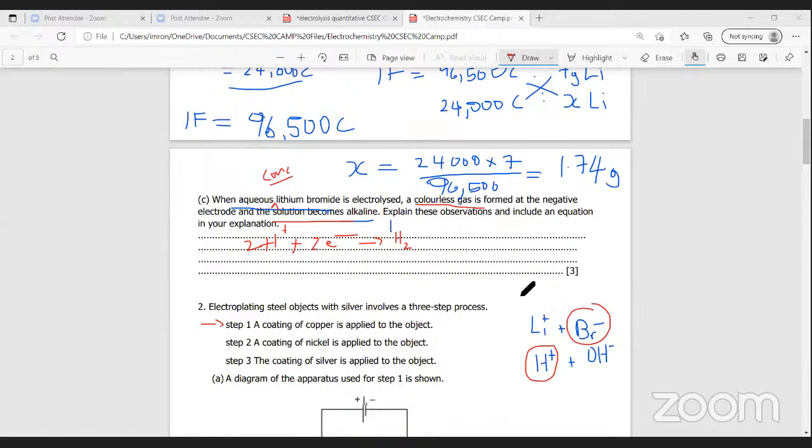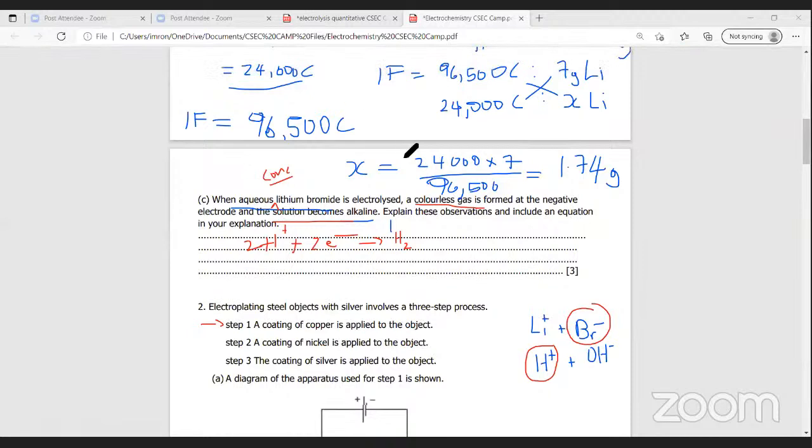This is a redox reaction in which you're changing the nature of the substances. This is lithium bromide solution, and you end up losing hydrogen and bromine, so you end up with lithium hydroxide left in there. So it is not a displacement reaction at all.